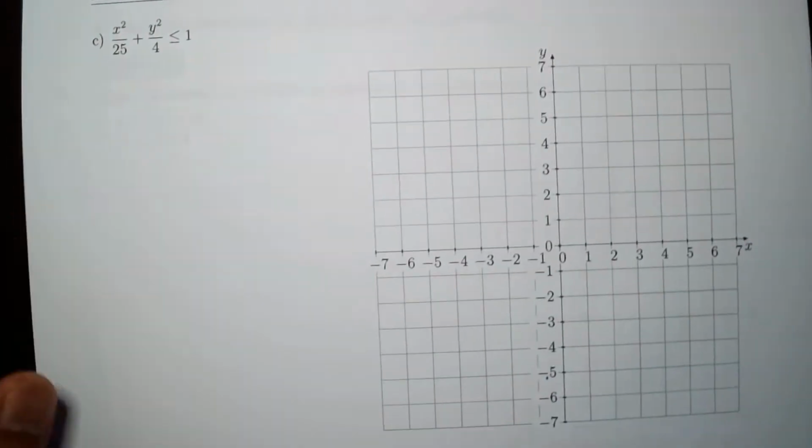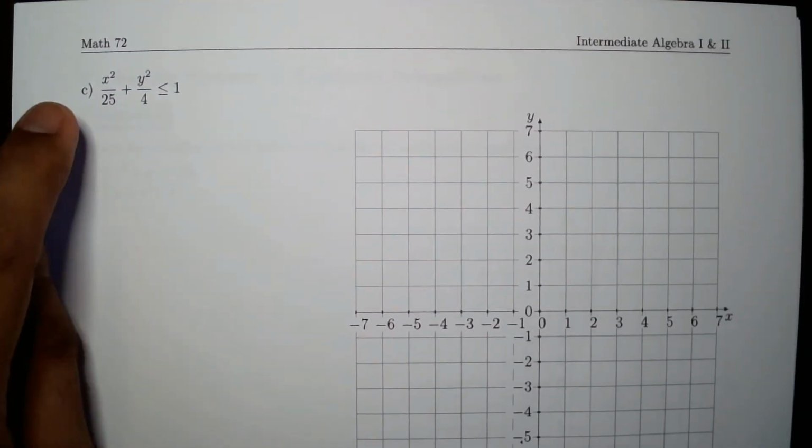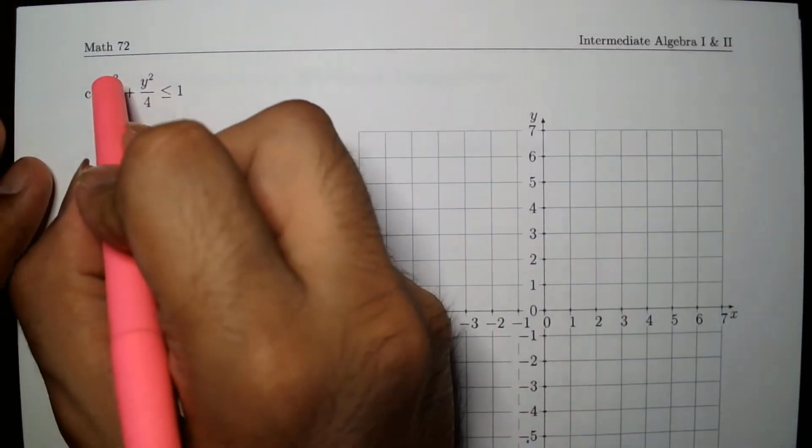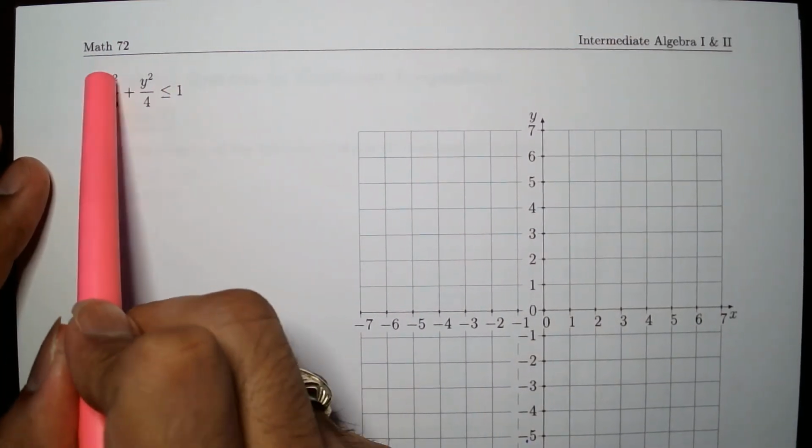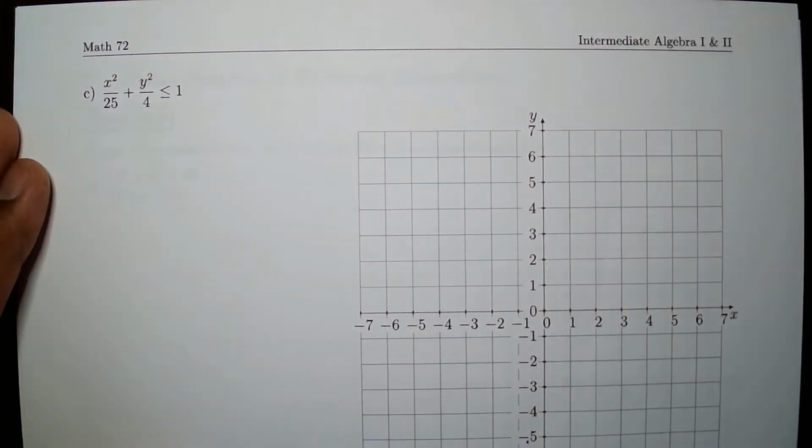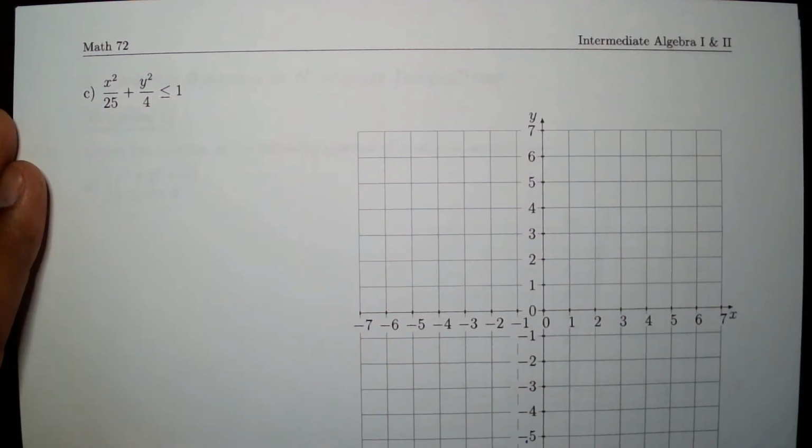Let's do another example. Let's do one that involves an ellipse in this case. So we have this ellipse. How do we know it's an ellipse? Well, because both terms are squared, they have a plus in between, and the denominators are different.